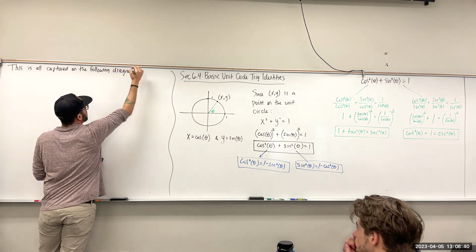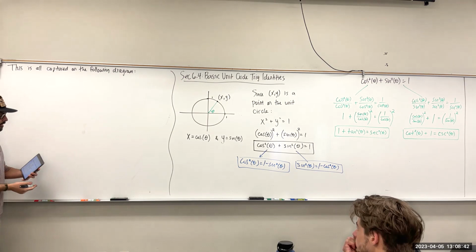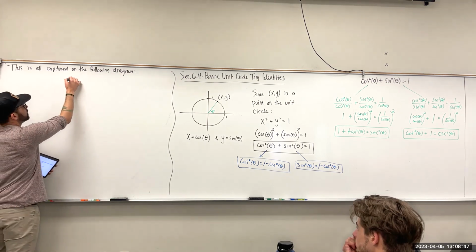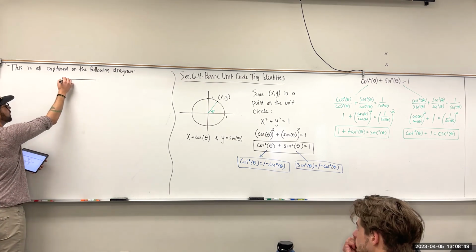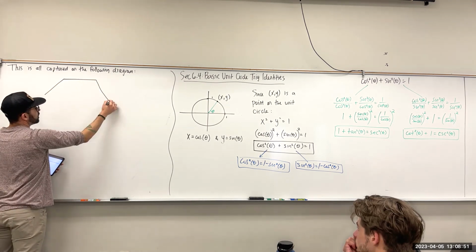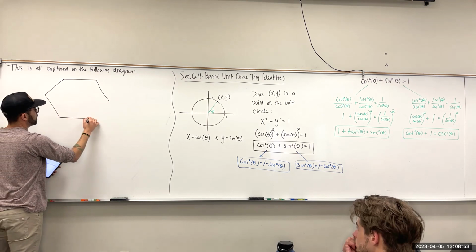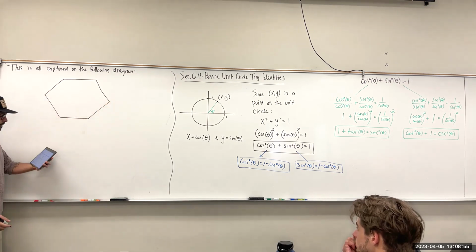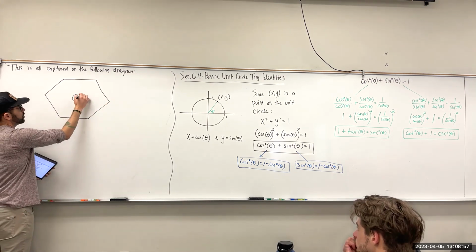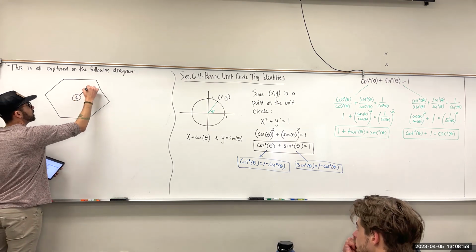I don't know if you guys have seen it or not. So we're going to draw a hexagon, a nice little hexagon. And in the middle, we're going to put the number 1 and then connect it to the corners.